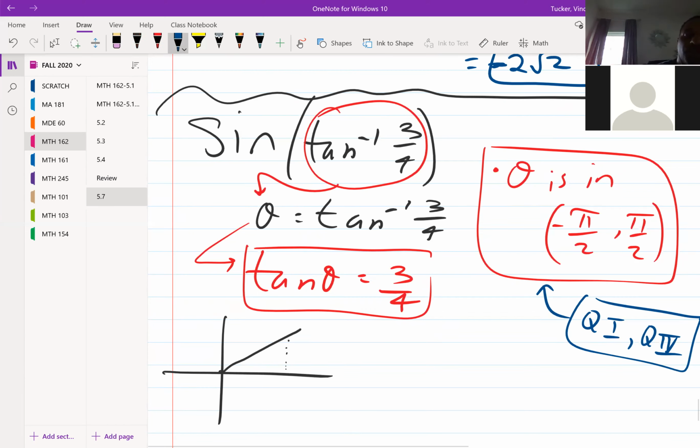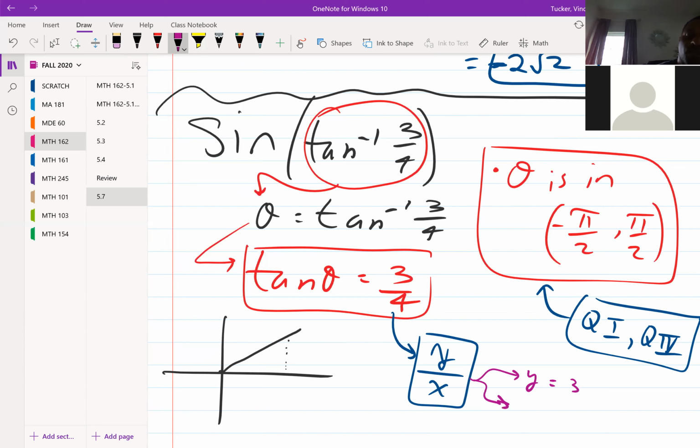Also, the relationship for tangent is y over x. So it means y is equal to 3, x is equal to 4. There's 4 down here. Go to the right 4, up 3. And what we need now is r.